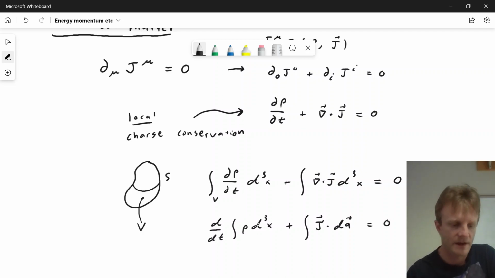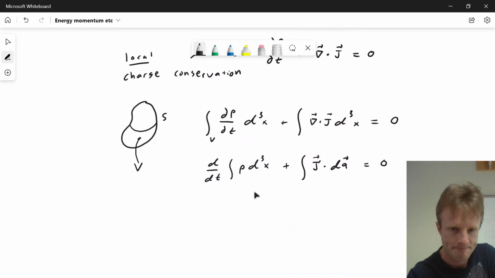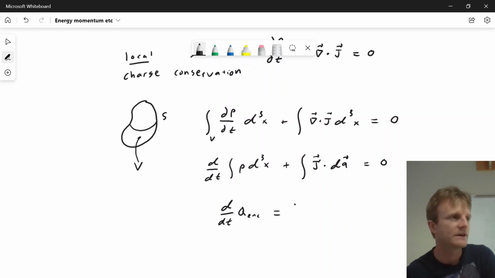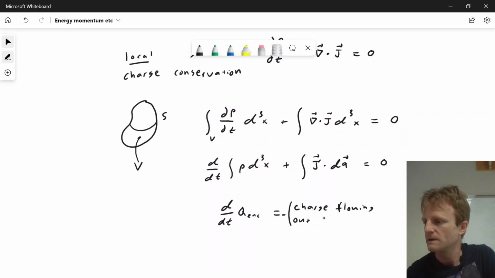And so this says then, if you like, that the rate of change of the charge enclosed, Q enclosed, is equal to minus the charge flowing out per unit time.